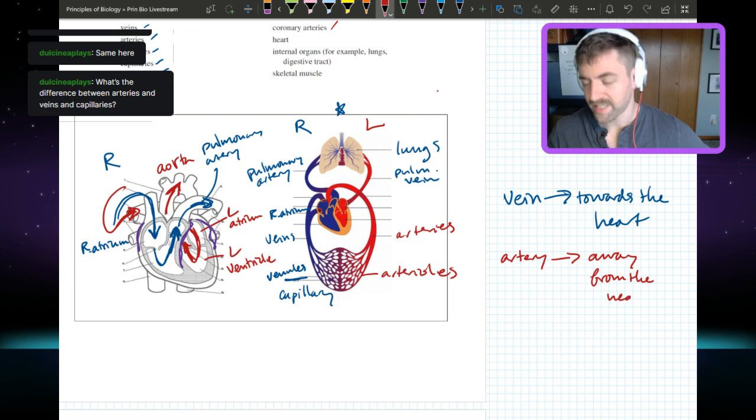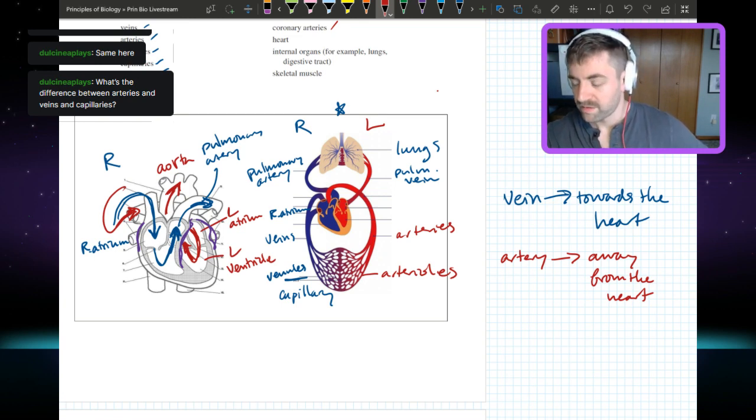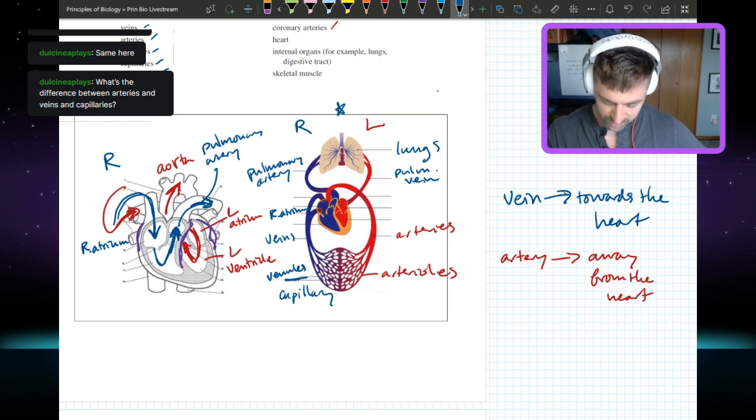From the heart. A is away. Arteries go away. And veins are coming back in. Capillaries are much, much smaller networks of vasculature.